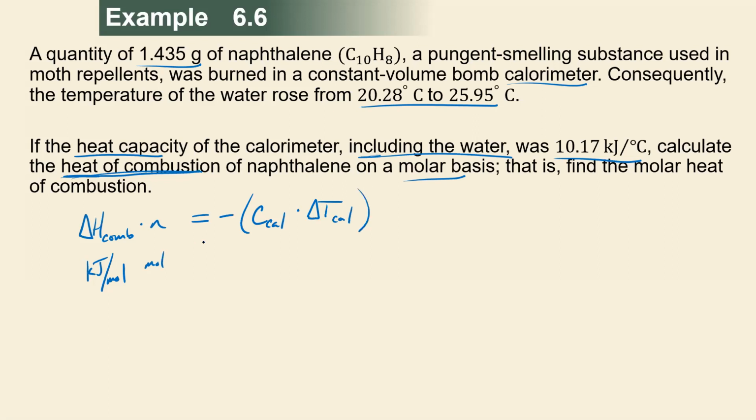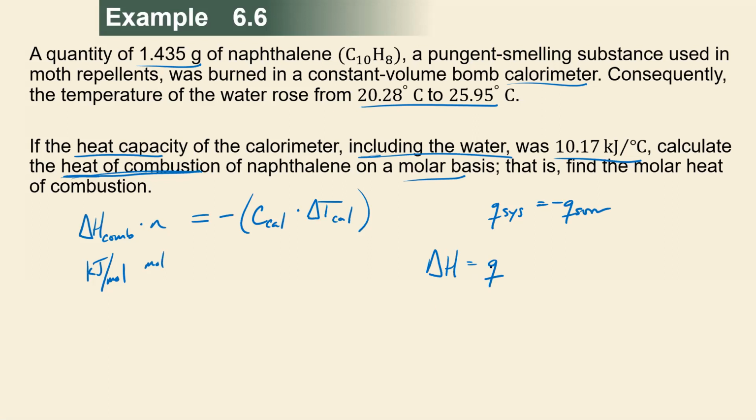Where did all this come from? We started with Q system equals negative Q surroundings. How do we get to this? Remember, in Monday's class, we talked about how delta H is equal to Q. And this is true: the heat given off is the enthalpy as long as we're at constant pressure. We add in this number of moles just so that the units work out.